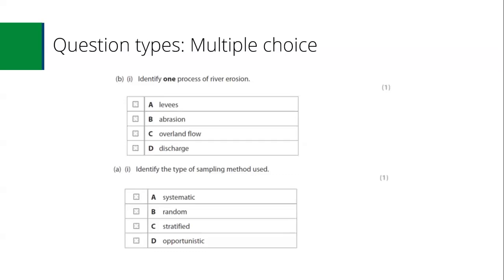So is it discharge, overland flow, levees, or abrasion? And then identify the type of sampling method used. Now, that would apply to a fieldwork question, and it makes the student have to think about the four different techniques and which one would apply. So it's slightly more tricky depending on the resource.